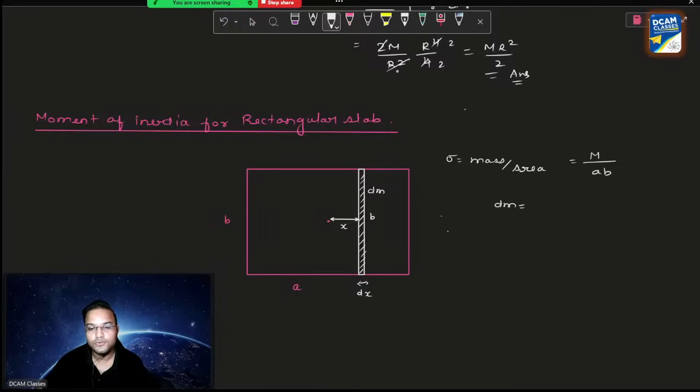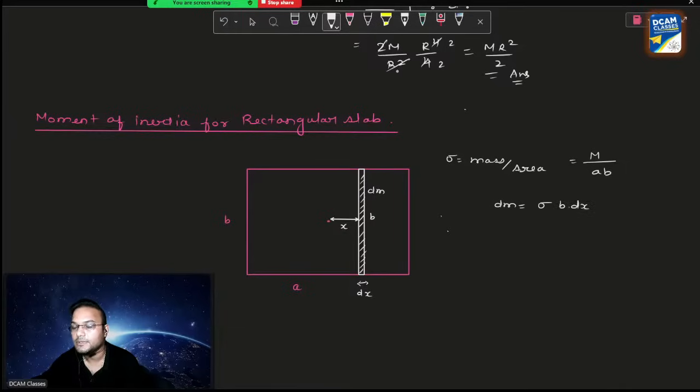Sigma into its area, the rod's area, because you have found the mass per unit area. For one unit area you have found the mass as m by ab. Now for finding its mass, it will be the mass per unit area, sigma, into its area, which is b into dx.